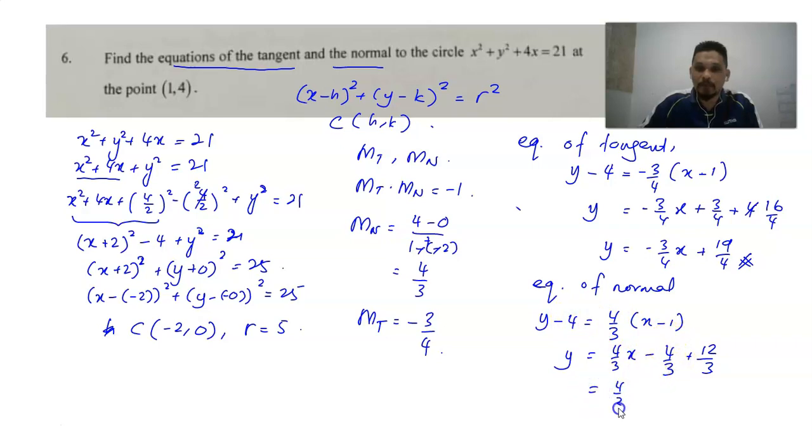Then 4 over 3 x, negative 4 plus 12, 8 over 3.